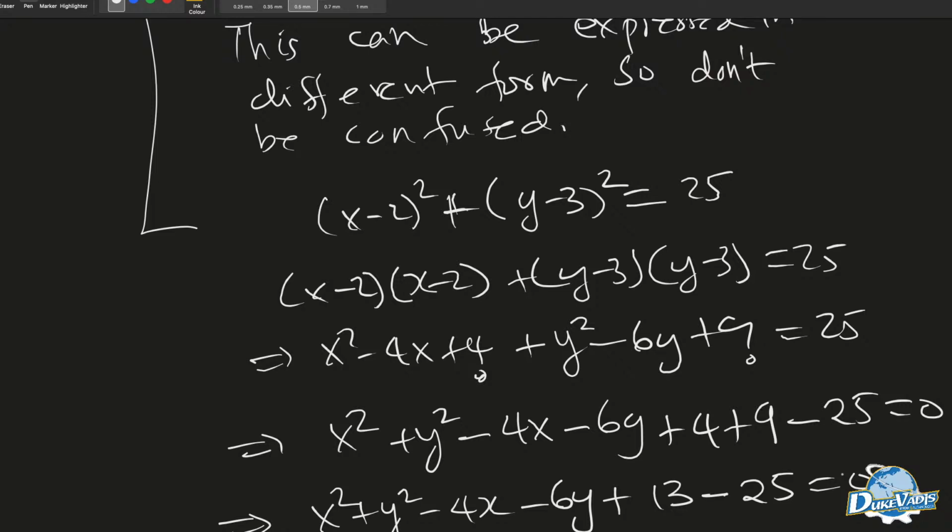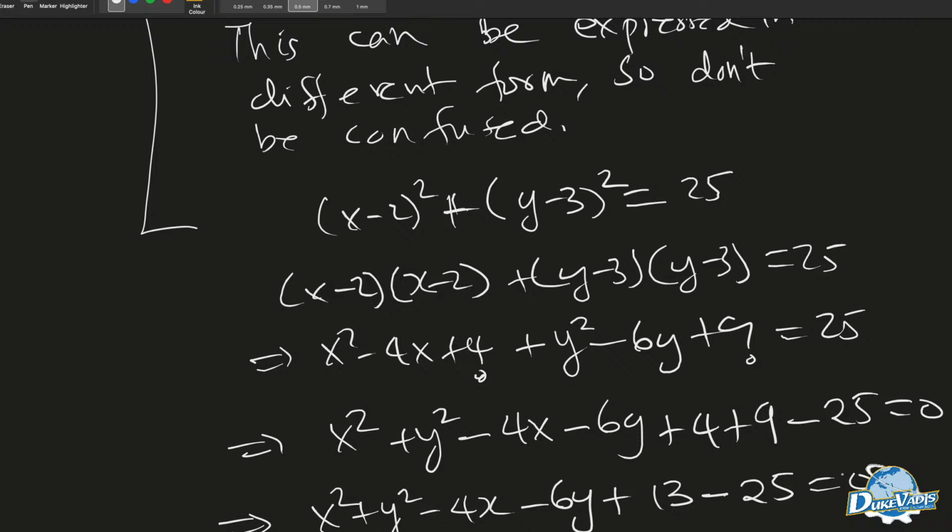So that means you must be alert that the equation of a circle can be given in a different form, not necessarily the form we saw earlier. Okay?